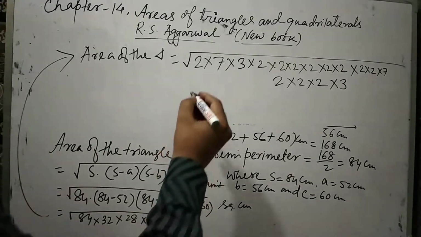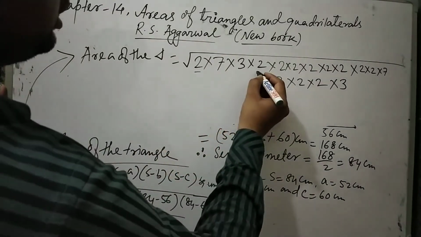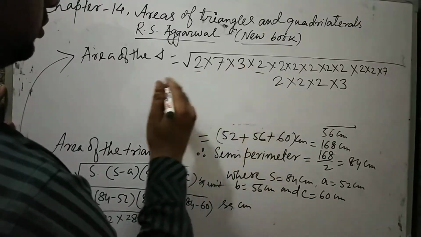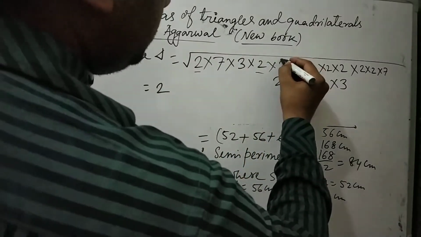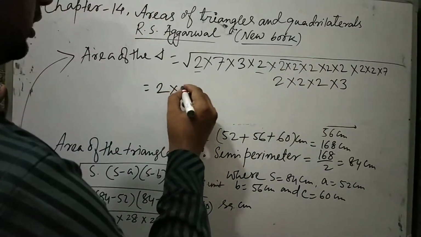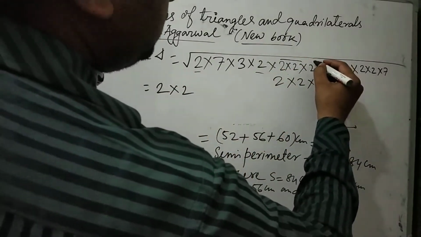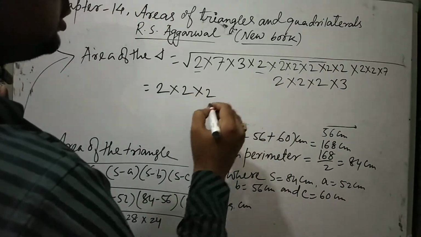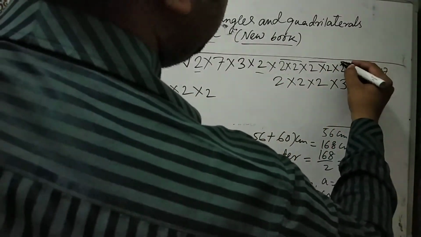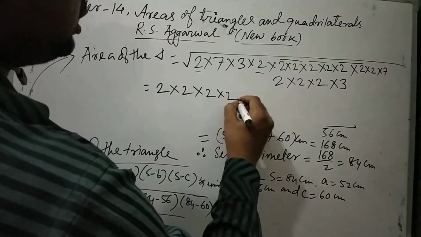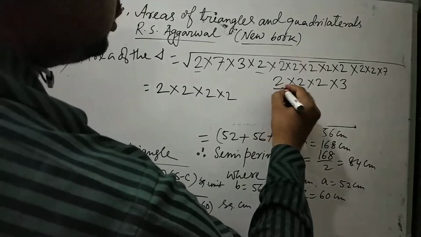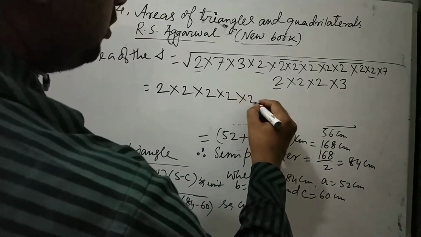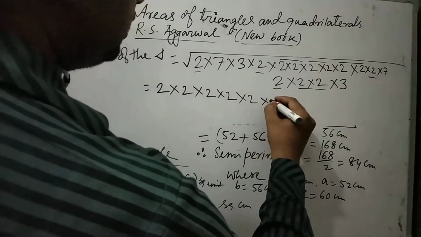Now observe that for every pair of equal 2's, one will be outside the square root sign.